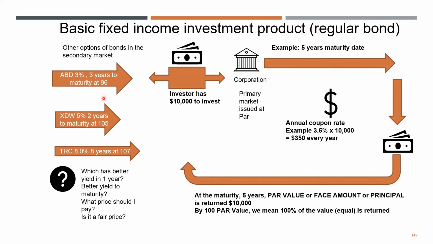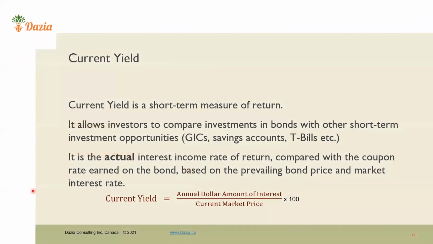But it's difficult to determine which one I should invest in, which has better yield in 1 year, which has better yield to maturity if they hold it till maturity. What price should I pay, and is it a fair price? These are the questions we need to ask when we're considering different bonds, and that is why we need to do the calculations for current yield and yield to maturity.